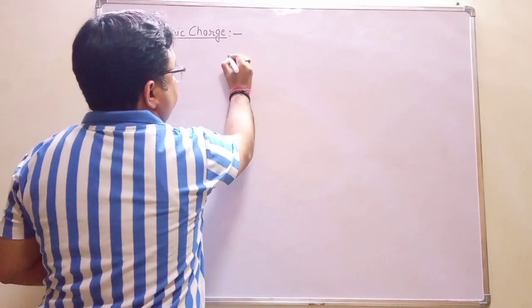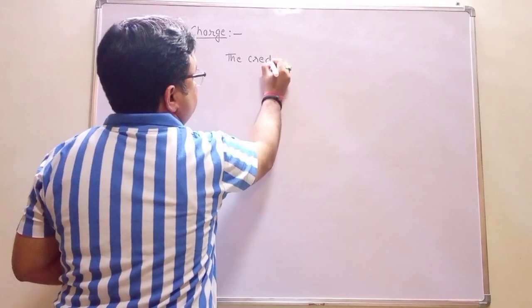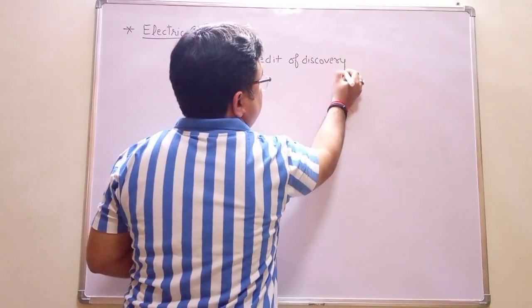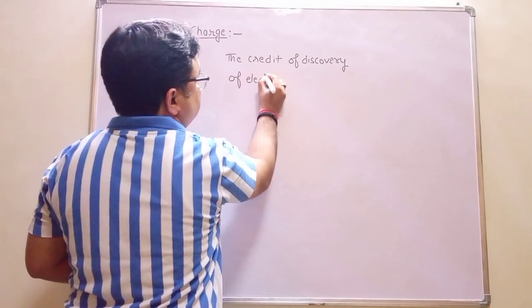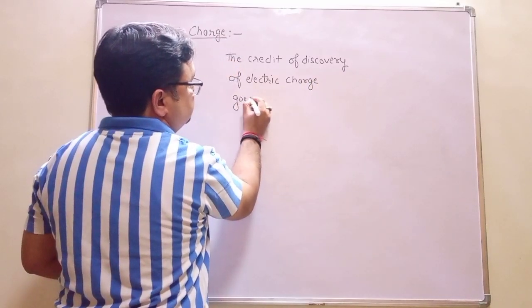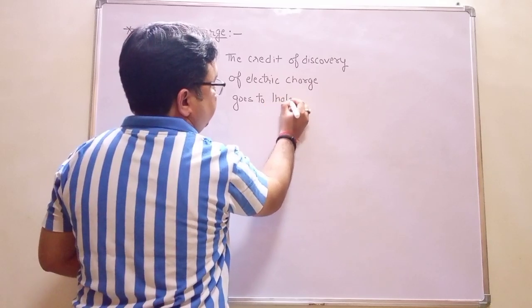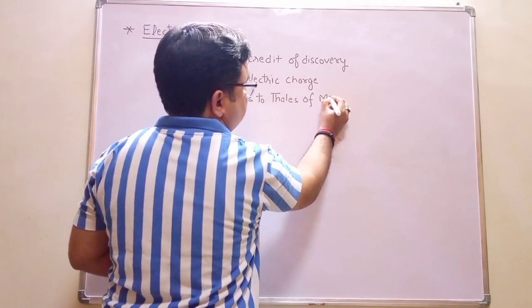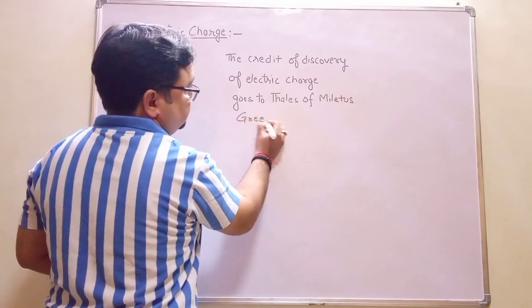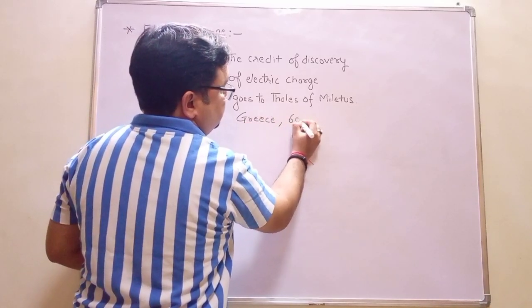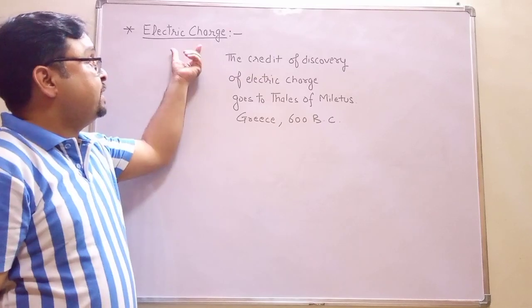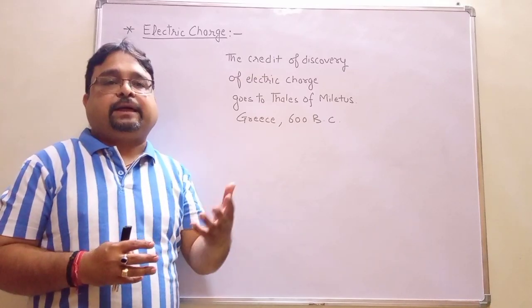So the credit of discovery of electric charge goes to Thales of Miletus, and it was in Greece in the year 600 BC.